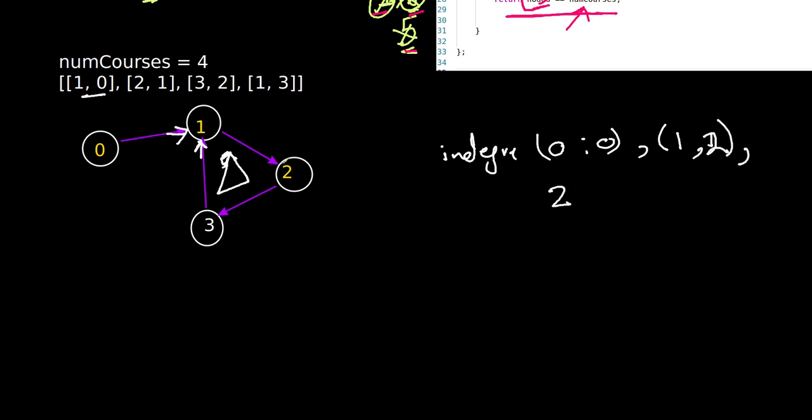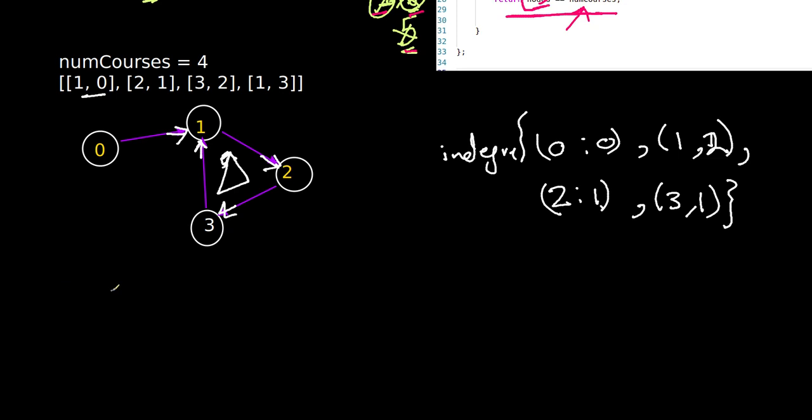For 2 there is one edge. For 3 there is one edge. So this is the in-degree.